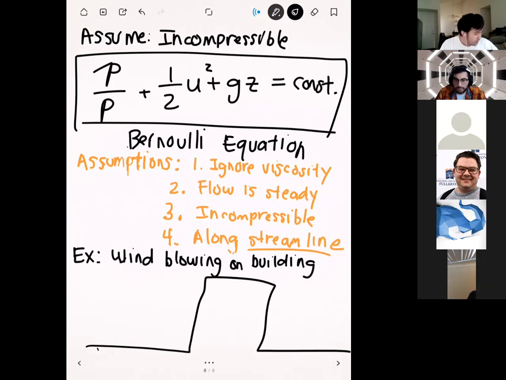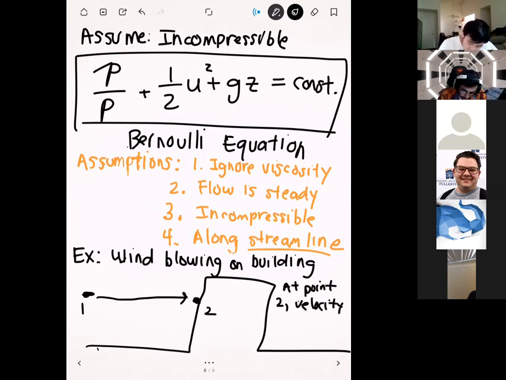Okay, and so let's draw a rectangle, and this rectangle is going to be our building. Let me draw 2 points. We'll call this point 1. We'll call this point 2. Let's say that wind is coming from the left at point 1 and hitting the building at point 2. We know that at point 2, the velocity is going to be 0, because the wind is going to come from the left, hit the building, and then just stop right there.